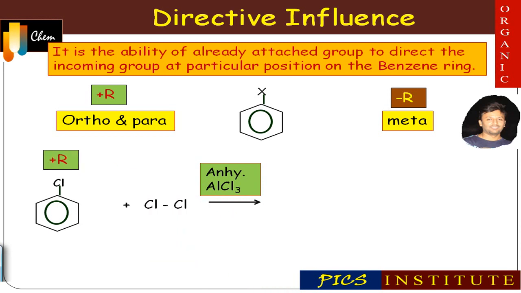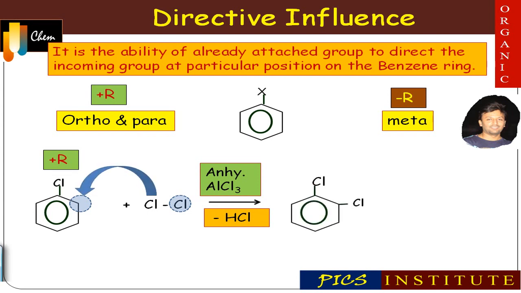The group attached to the benzene ring is +R, hence the reaction will take place at the ortho and para positions, as hydrogen from the ortho position and chlorine from the incoming Cl2 are removed as HCl, and the remaining Cl occupies the ortho position. A similar reaction takes place at the para position, so we get two compounds, one ortho substituted and the second para substituted.